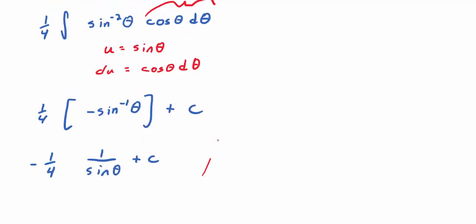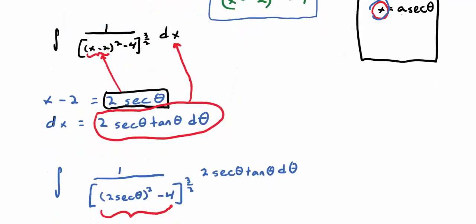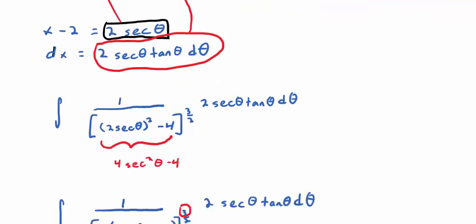So if we go back and we make our helper triangle, you have to kind of go and look at the original substitution. The original substitution looked like this: x minus 2 is equal to 2 secant theta.